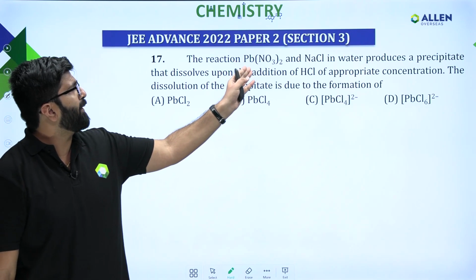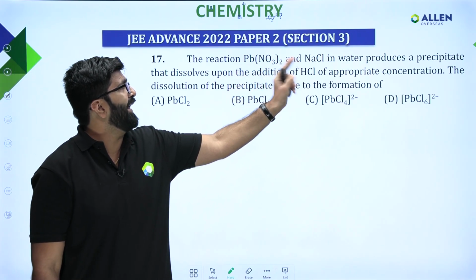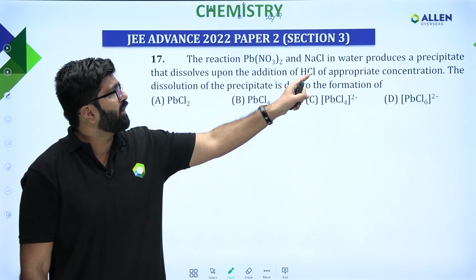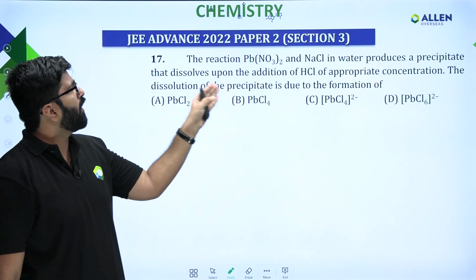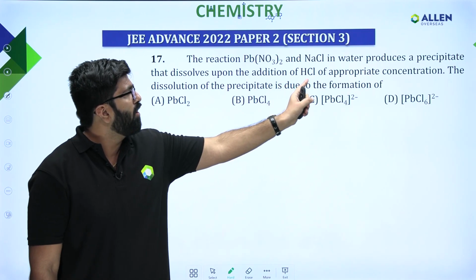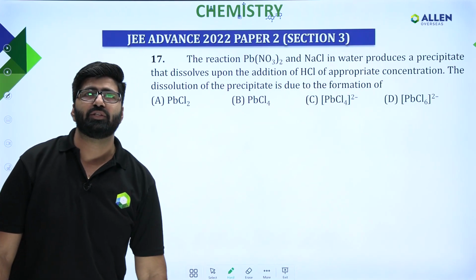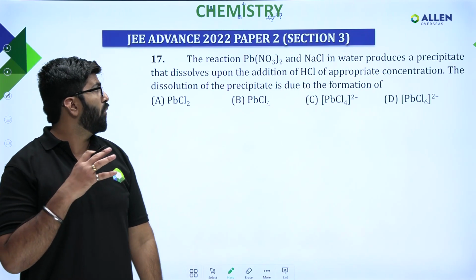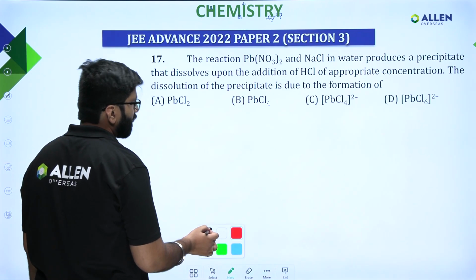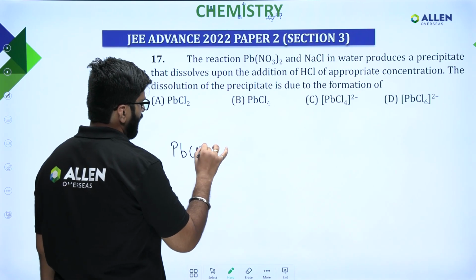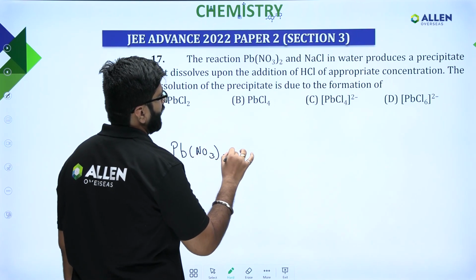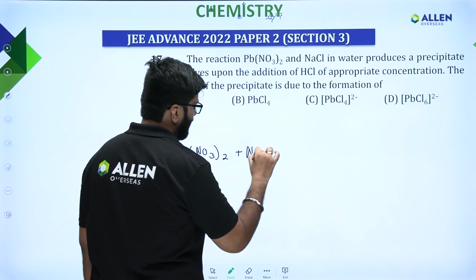The reaction of Pb(NO3)2 and NaCl in water produces a precipitate that dissolves upon the addition of HCl of appropriate concentration. So over here we want to react your Pb(NO3)2 with NaCl.